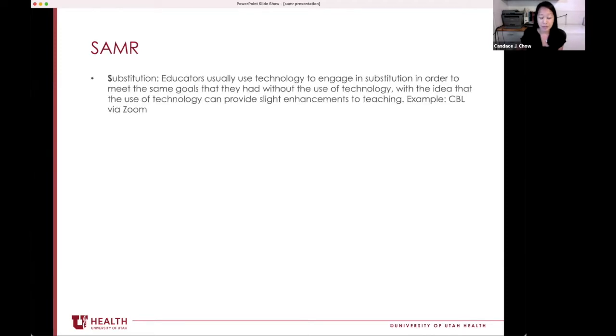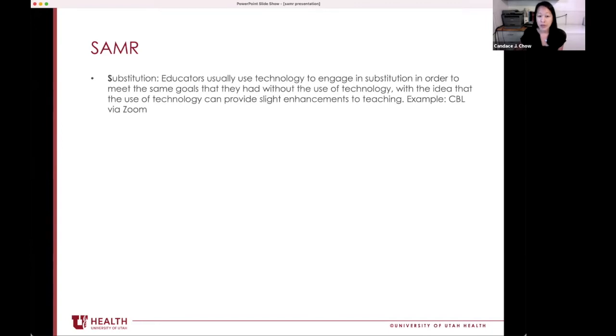But maybe if you're trying to get your class online in 2 days, like we all had to do in March, maybe substitution is actually the best way to go. And it doesn't mean that you're doing something less or worse. It just means that you're using substitution because that's the approach that best fits the situation.